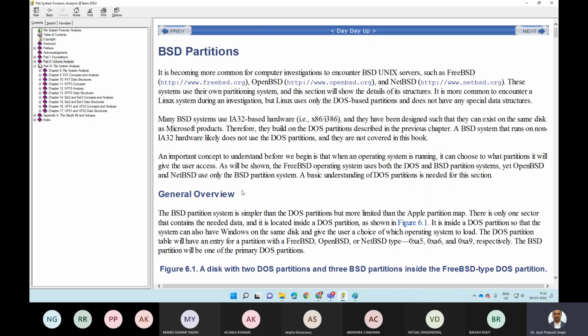So how things are organized in NTFS or FAT or EXT2 or EXT3 and so on. Okay, so that's what we'll start next week.